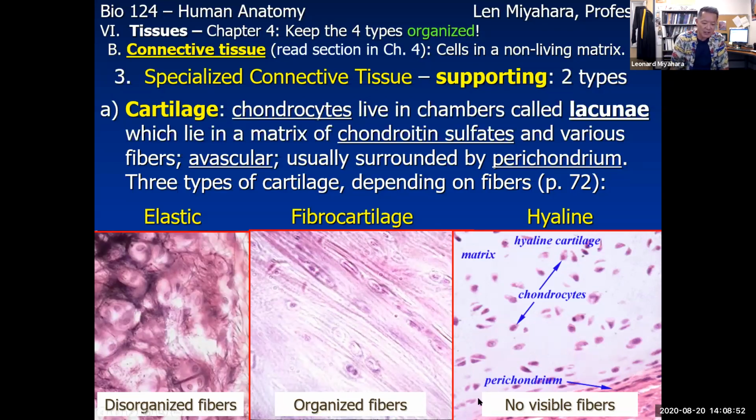Say you're looking at this middle picture, and you see the cells are separated by stuff. You don't see a basement membrane and a free surface. So you say, all right, I'm in connective tissue. Now I'm going to look at this thing, and I say, I don't really see a mishmash of cells or a mishmash of fibers. Rather, I see a halo around the cell. That halo is lacuna.